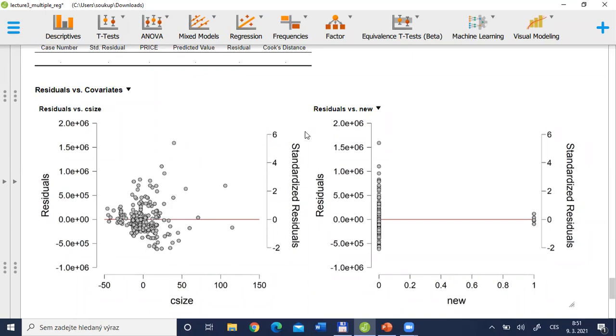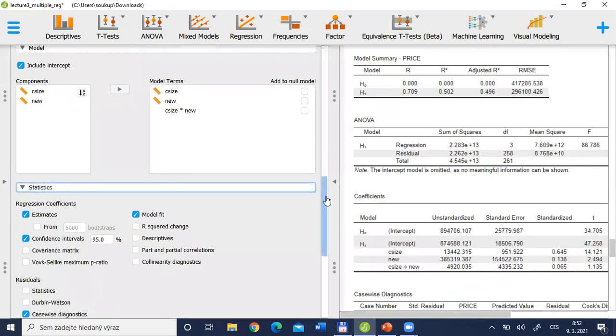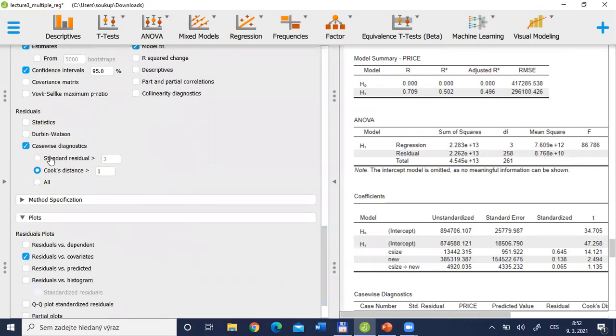And here you can see the scale of standardized residuals. If you take the range -2 to +2, at least here there are quite some big strange points, meaning values with big standardized residuals. If you go back to our discussion about residuals, in statistics you can also ask for cases with big standardized residuals.